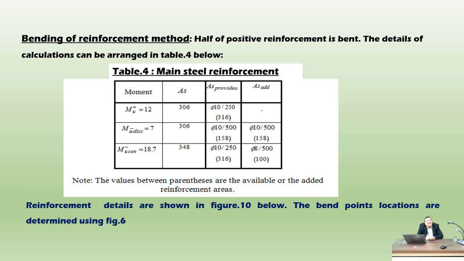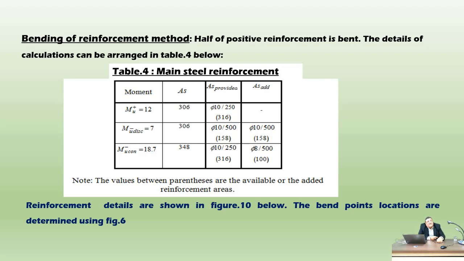While for the bending moment at the interior support, the required reinforcement is 348 square millimeter. The provided reinforcement from the positive reinforcement is 5φ10 over 250 millimeter, which gives 316 square millimeter, which is less than 348 square millimeter. So an additional reinforcement should be added.